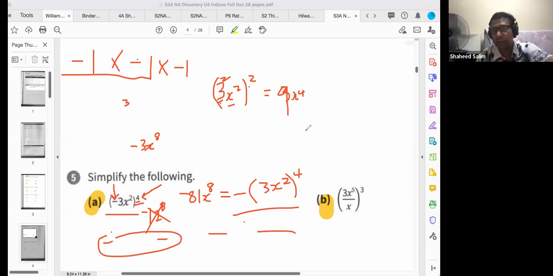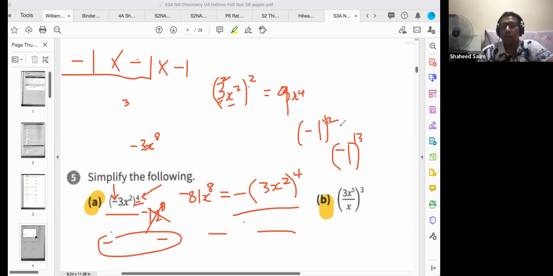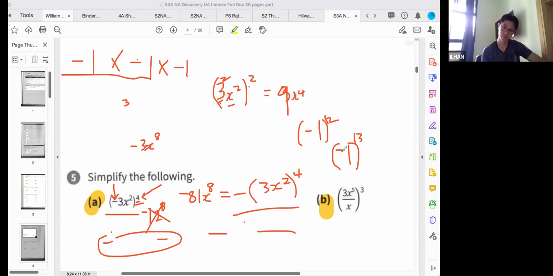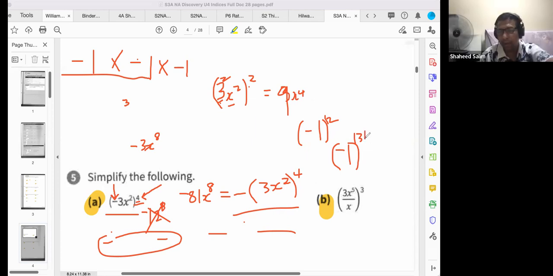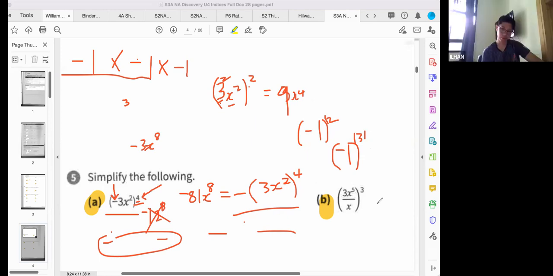But if you want to prove it, very easy. You can just do like that, to the power 2. You can even use your calculator. And this one, you try, use your calculator for the first one. Okay, let's try 13 and 12. You put bracket minus 1 to the power 12, do you get positive? You try? Okay, minus 1 to the power of, let's say, 13 is negative 1.